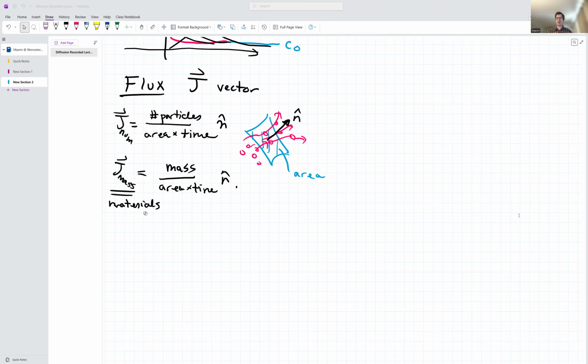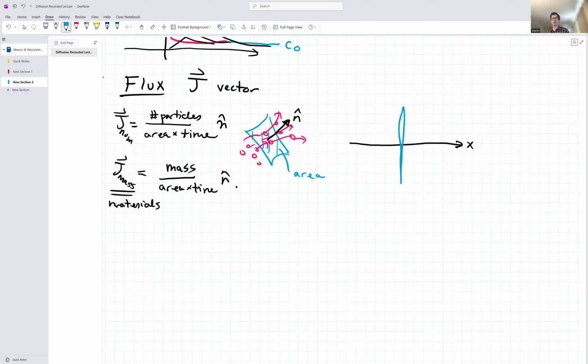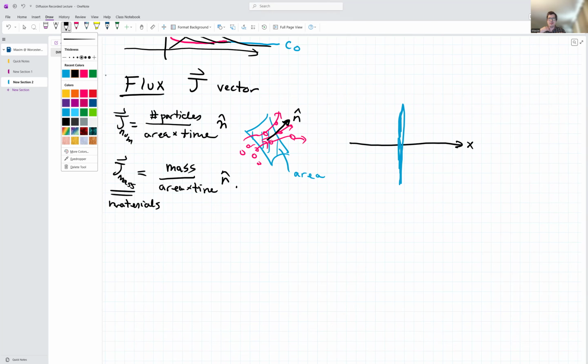So imagine we have some direction x, and imagine this blue area is going like this, piercing vertically, like that. And if we assume everything performs a random walk, we just want to count the number of particles that are coming from the left and the right and that are going to pierce the surface.